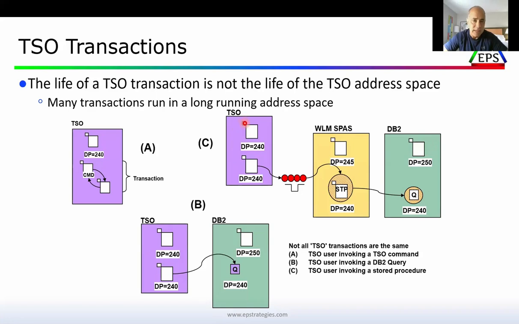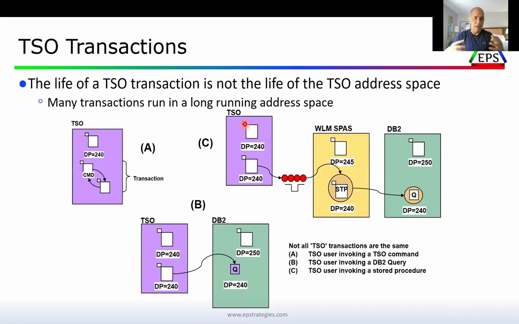So the reason that's important is that if we're going to set a goal for TSO and we know those TSO transactions are calling stored procedures, we might want to make it a multiple period service class where we have a longer response time objective for that type of transaction. And we also know that all that CPU time is accumulated back to TSO. So that's why we have to take that duration into account when we're doing multiple periods.